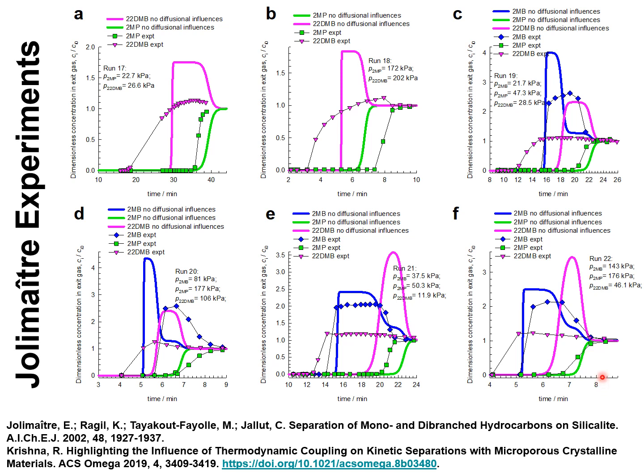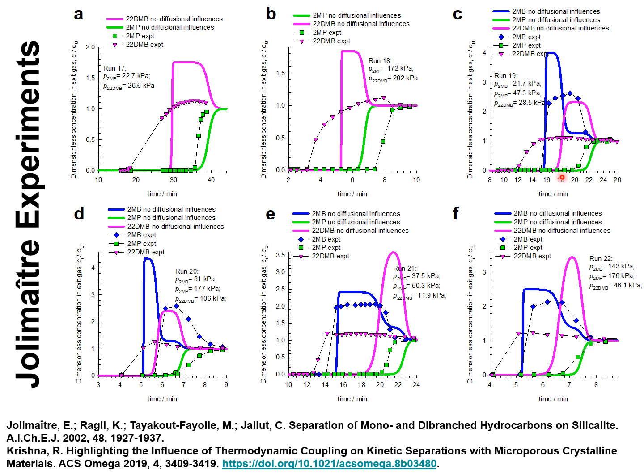of the 3 components. What is interesting to note is that in the simulations in which diffusional influences are considered to be of negligible importance, the component to elute first is 2-methyl butane, but this is not in agreement with the experiments because in the experiments 2,2-dimethyl butane elutes first.